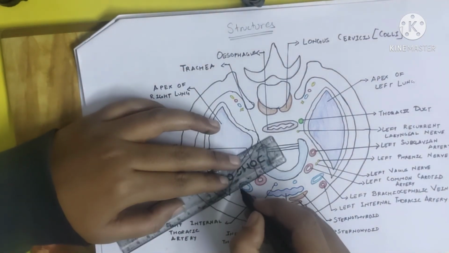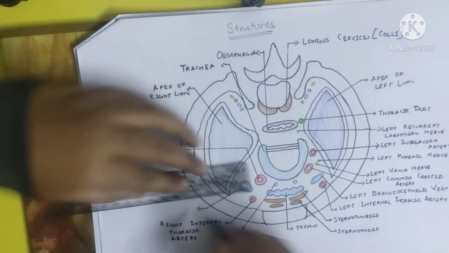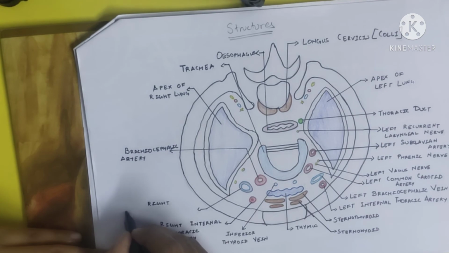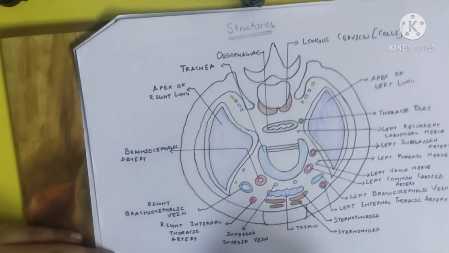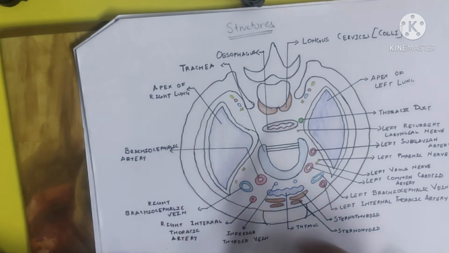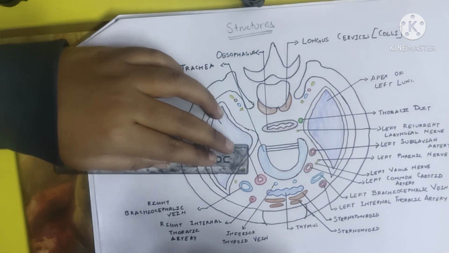So this one here will be your right brachiocephalic vein. Now the only two structures remaining here are this vein, this nerve, sorry. So this one will be your right phrenic nerve.